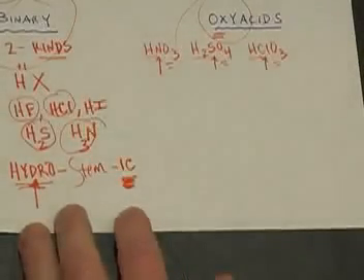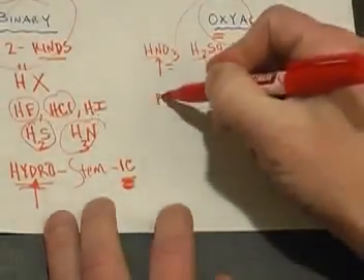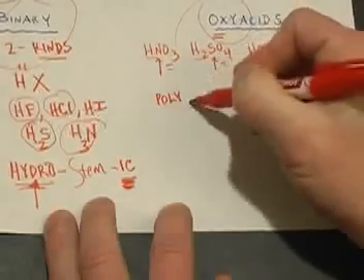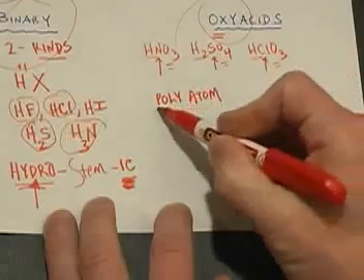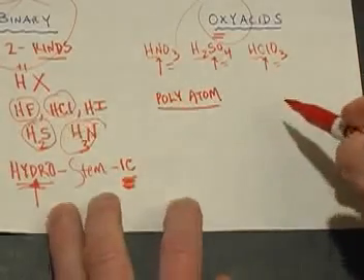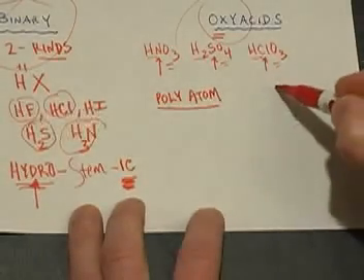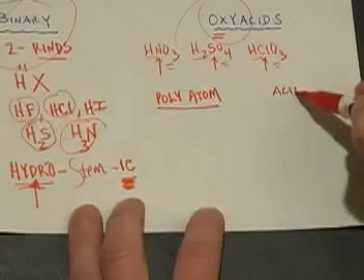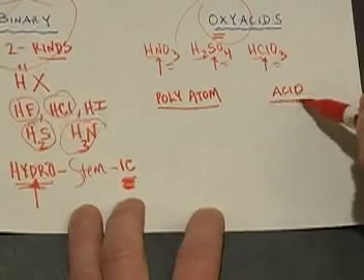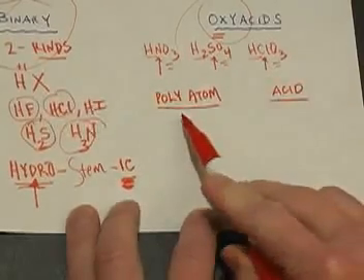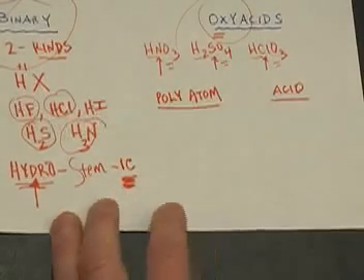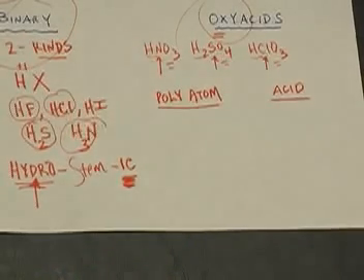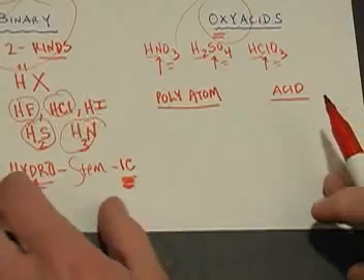Now, if you know the name of the polyatomic ion containing the oxygen atom, then you can easily decipher and figure out what the acid name will be. So make a little chart of polyatomic ion and acid, and we're going to make a list here of how they work. Okay?